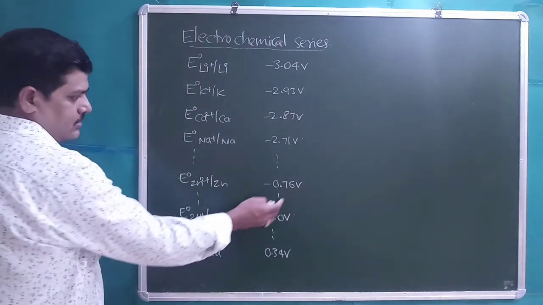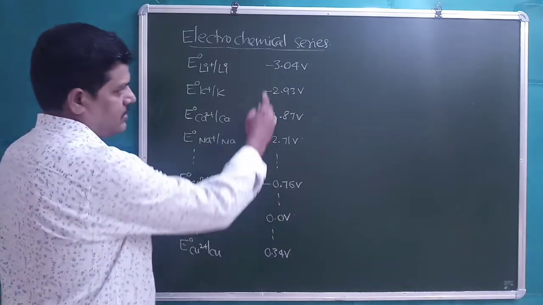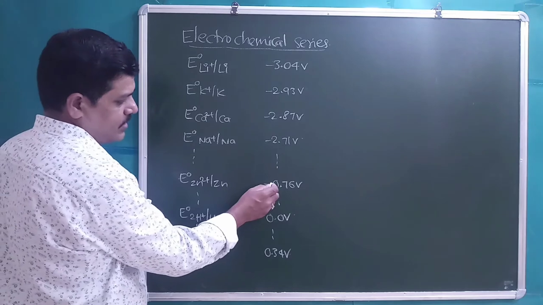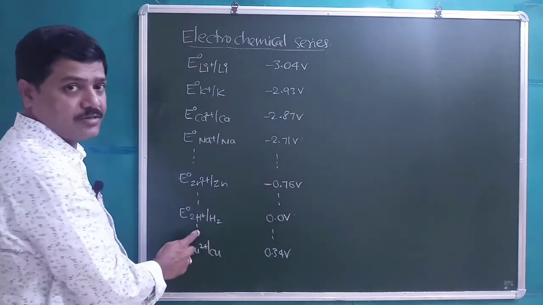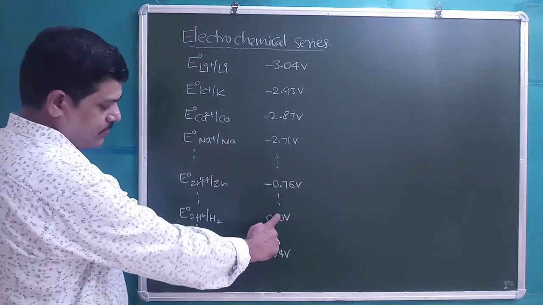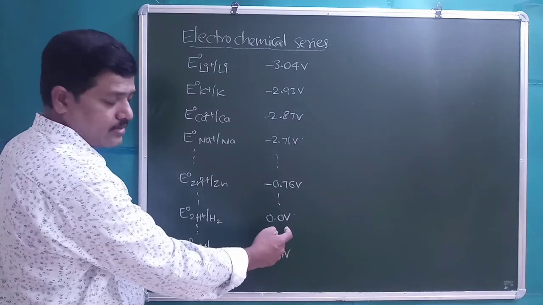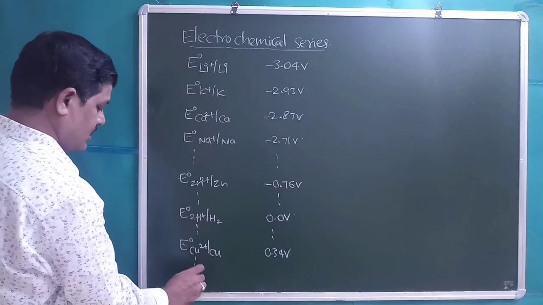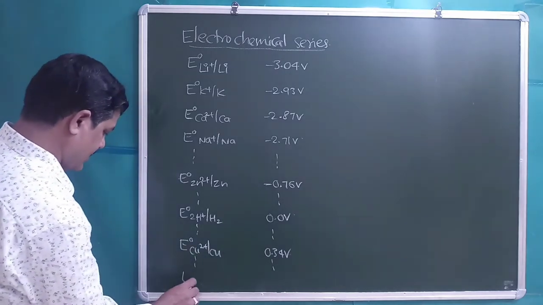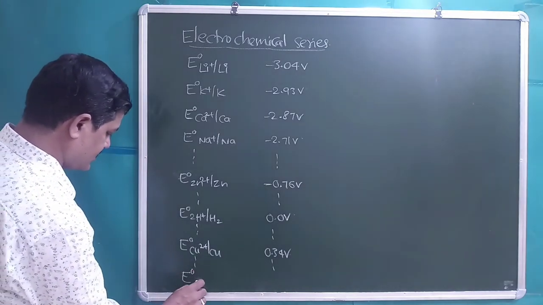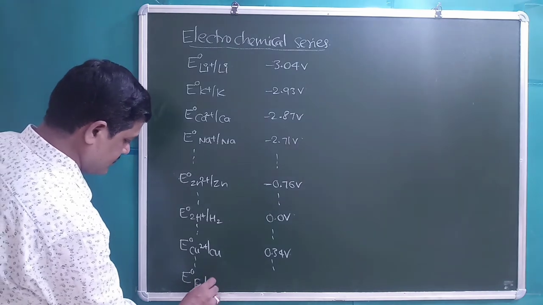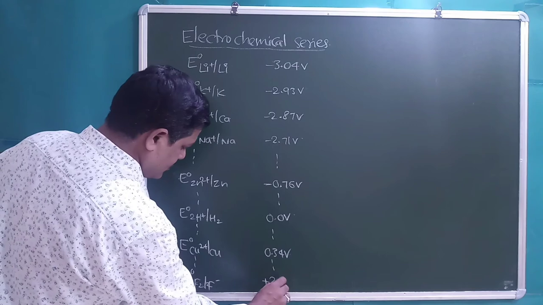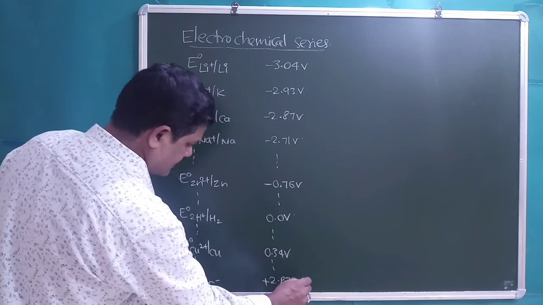So students, the metals with negative standard electrode potentials are more reactive than hydrogen. Metals with positive standard reduction potentials are less reactive than hydrogen. Then at the end we have E naught F2 slash 2F minus, fluorine, plus 2.87 volts.